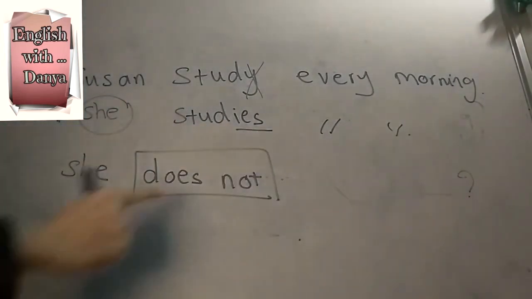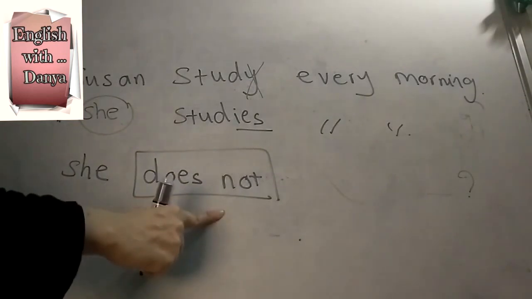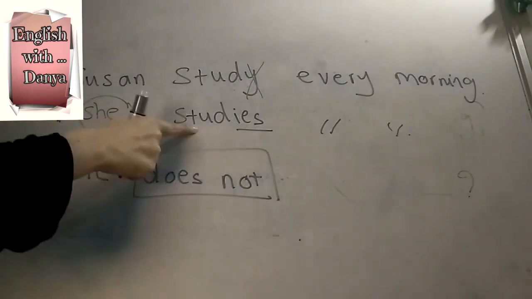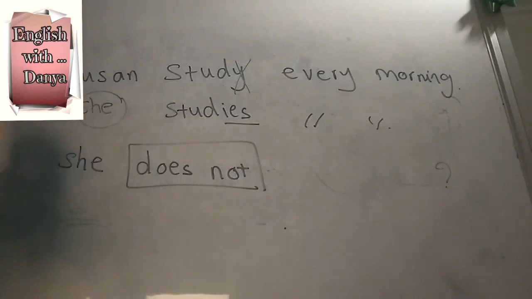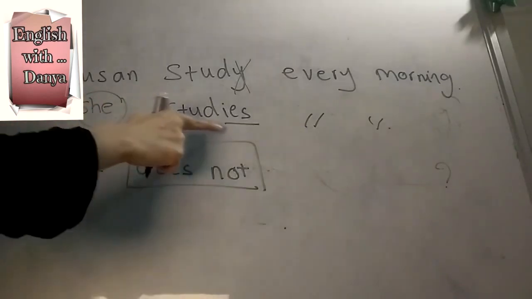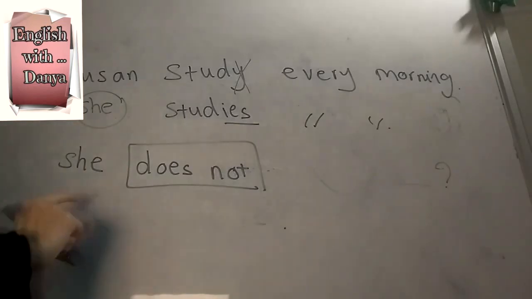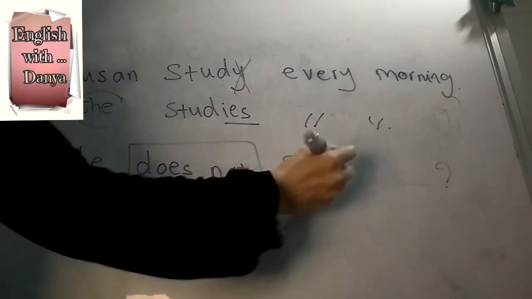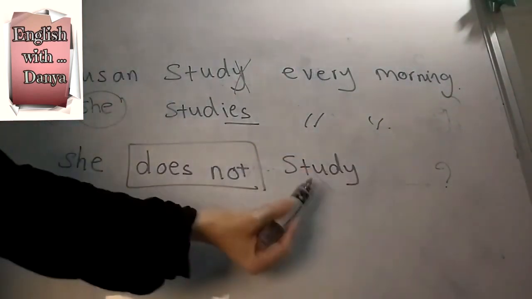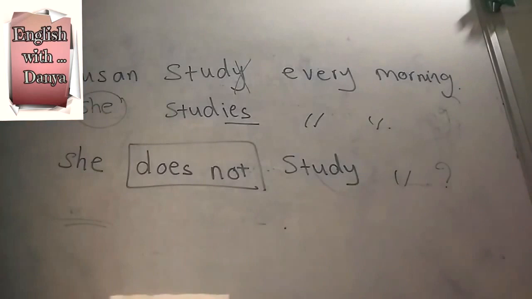And because we have does not in the sentence, what will happen to the verb? The verb becomes study. Why? Because we can't have IES with doesn't. So in this case, she doesn't study every morning.